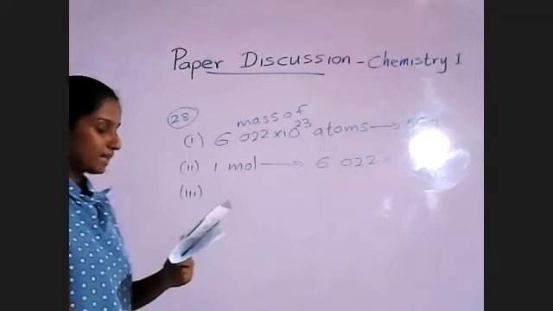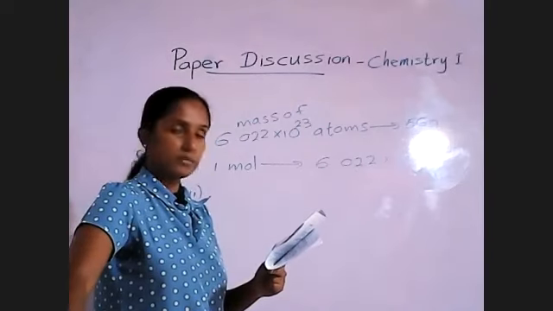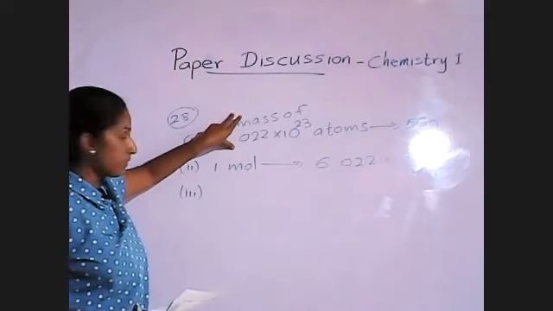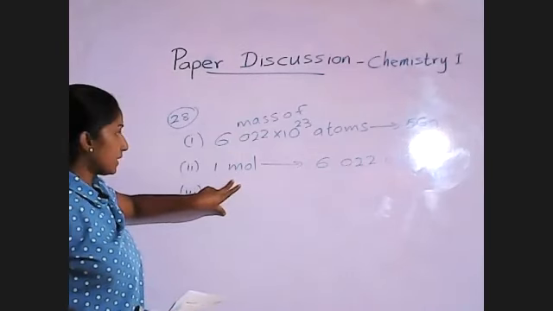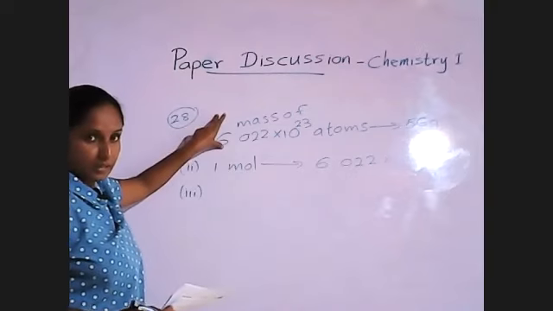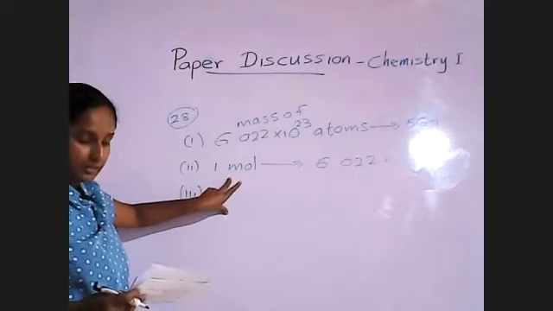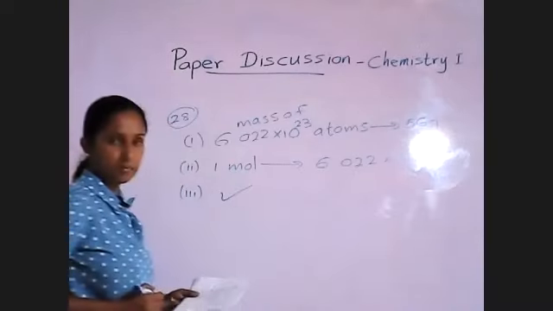Look at the third one. The mass of the Avogadro number of iron atoms is 56 grams. This is the corrected version of the first one. In the first statement there is a mistake, and they corrected it and gave it as the third one. That is the correct statement.